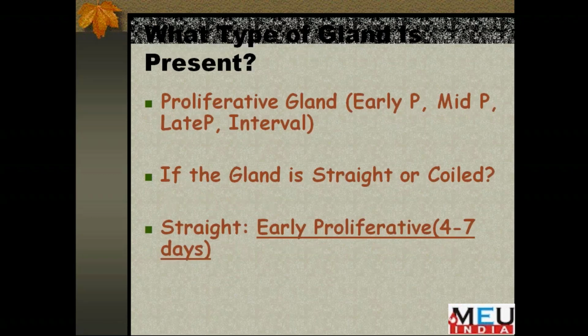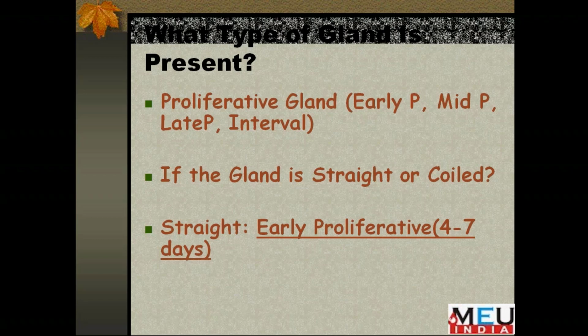So what do we look at? Whether the gland is straight or coiled. If the gland is straight, it is from the 4th to 7th day. The first 3 days we consider to be the flow. From 4 to 7 days is the early proliferative.